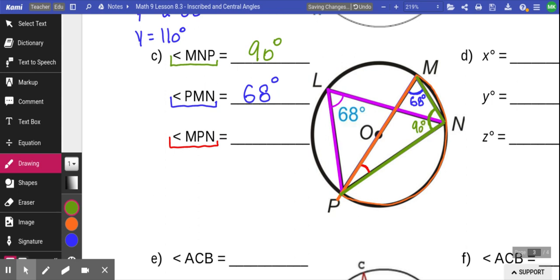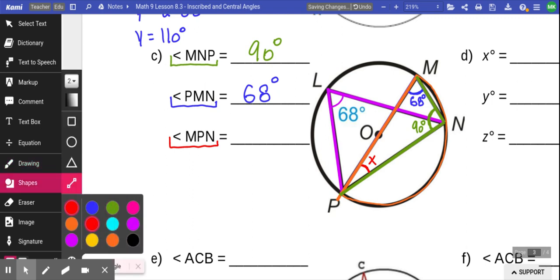Fantastic. My last angle I have to look for is this red one. This red one's tricky. I'm just going to call it X. I'm going to try to highlight that there's a triangle here that X is involved in where you can see the other two angles. Angle X is created right here, in that red triangle that I just drew.